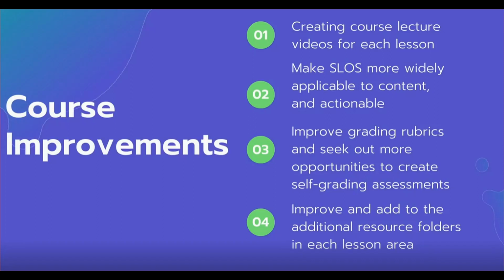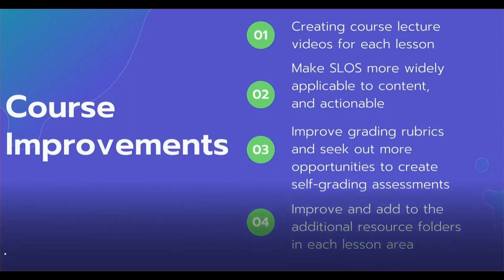So students received some feedback in a very timely manner. And finally, I wanted to look at my additional resource folders throughout each lesson and improve and add to that content so that it was applicable and students that wanted a little extra support had that resource available to them. So let's go and walk through some of these improvements.